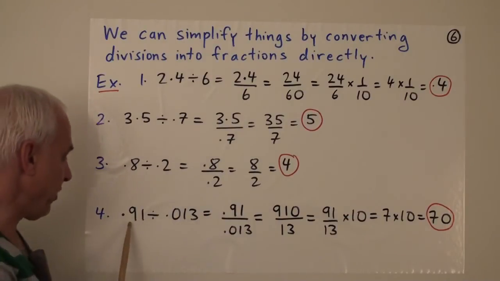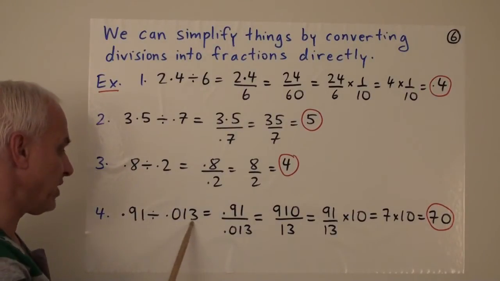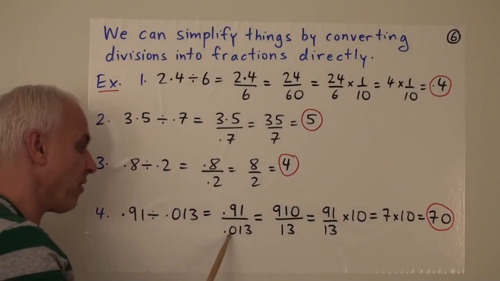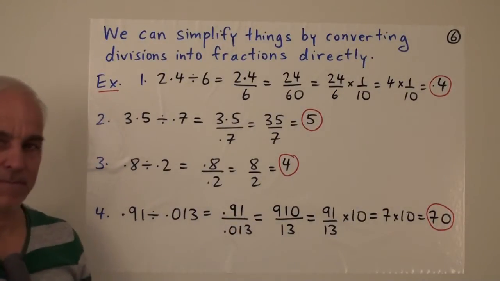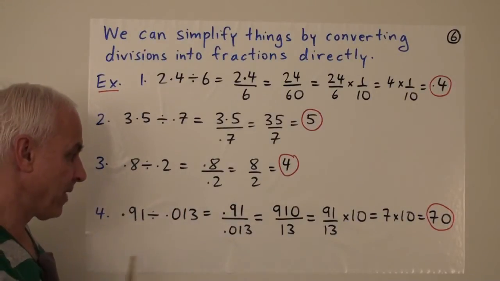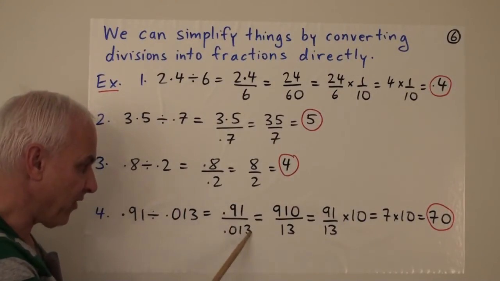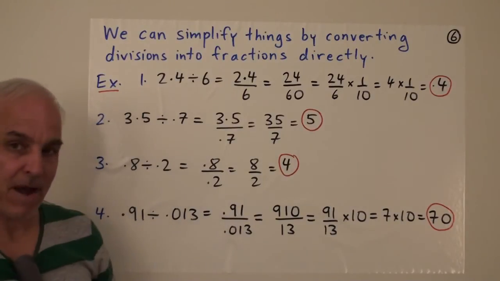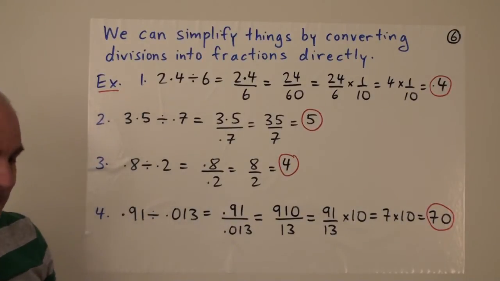And that fourth example, 0.91 divided by 0.013. So we're going to think about that as 0.91 over 0.013. We're going to think of this as being also a division. And when we divide this by this, we're going to multiply top and bottom by a certain power of 10.